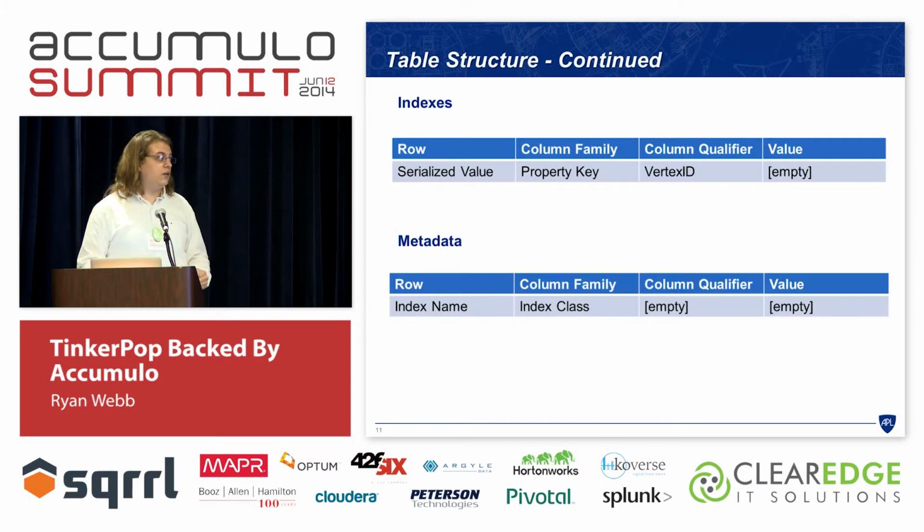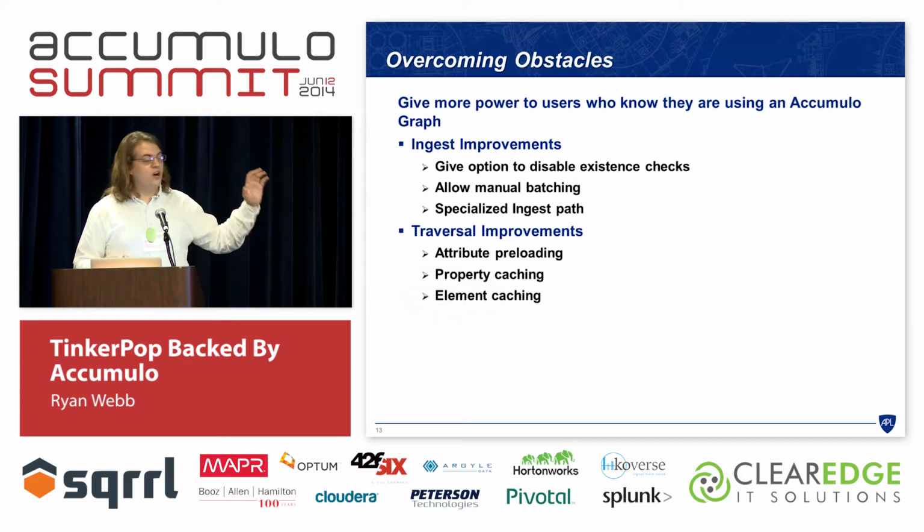It's a blocking call, a full table scan to make sure you get everything. If you add the index before you start your ingest, it'll just be done automatically. So it's learning the API at that point. And just overall, consistency is expensive, which we know. That's a thing. So we overcame these obstacles by giving more power to the users who know they're using an Accumulo graph.